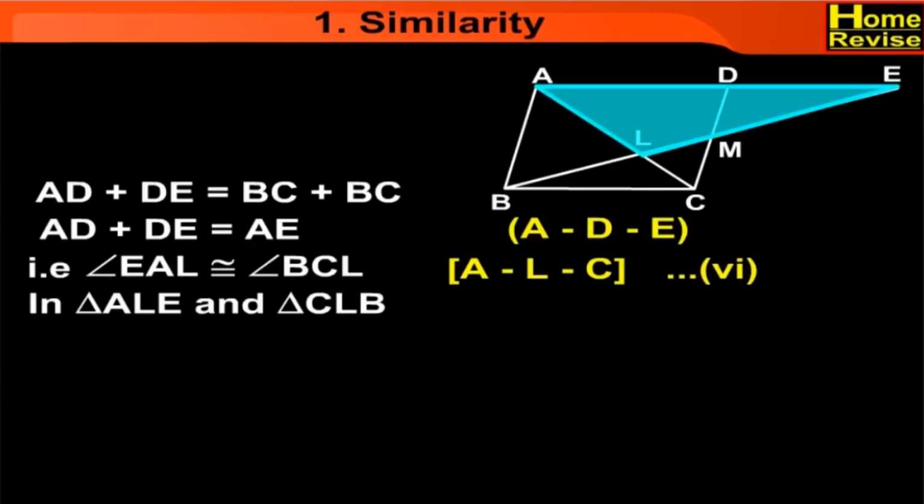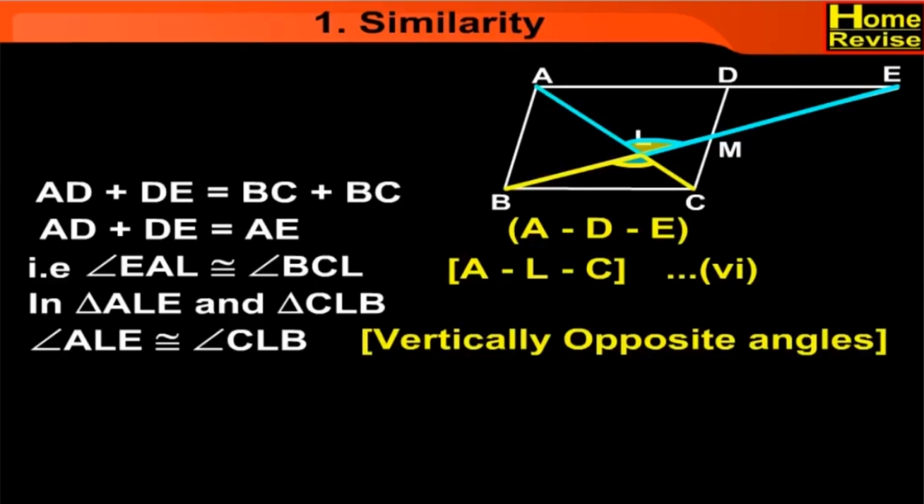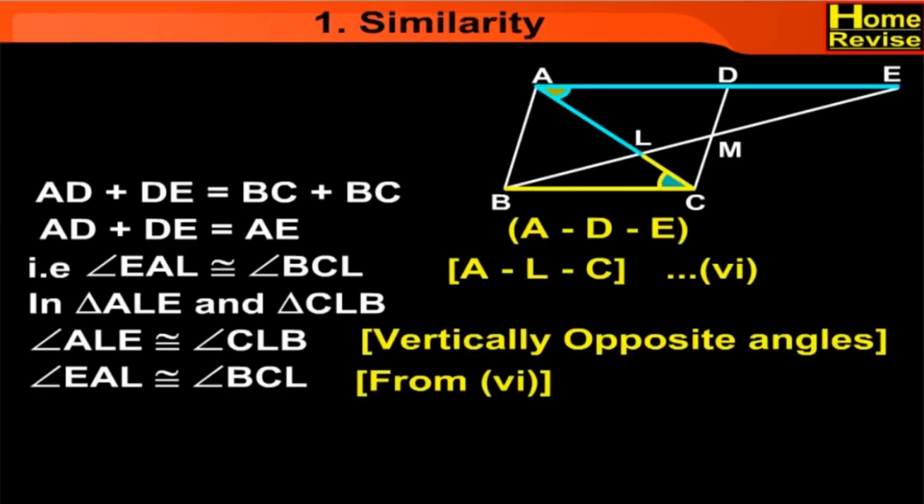Now, in triangle ALE and triangle CLB, angle ALE is congruent to angle CLB. Reason: vertically opposite angles. And angle EAL is congruent to angle BCL from equation 6.